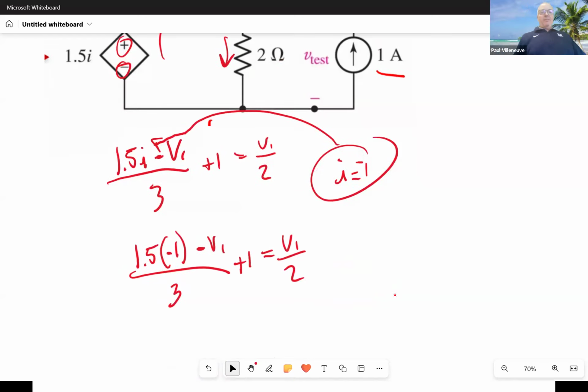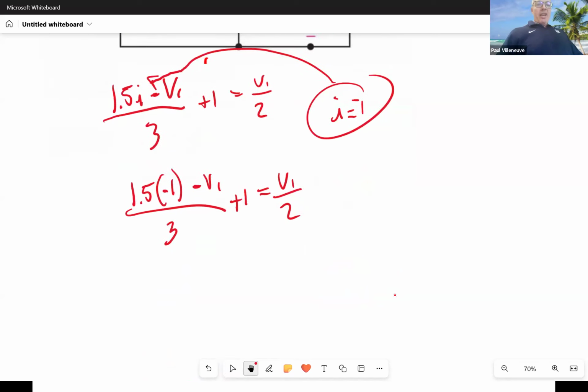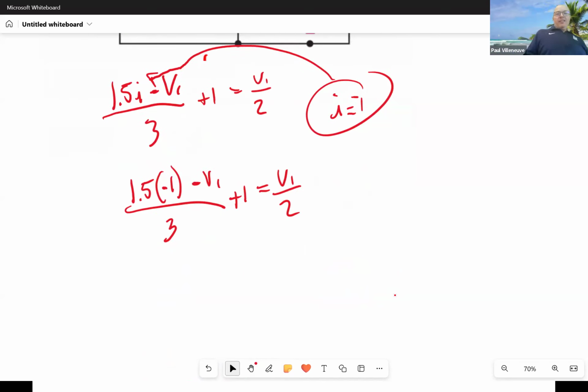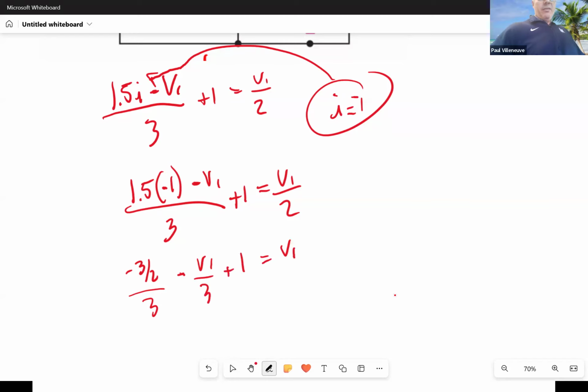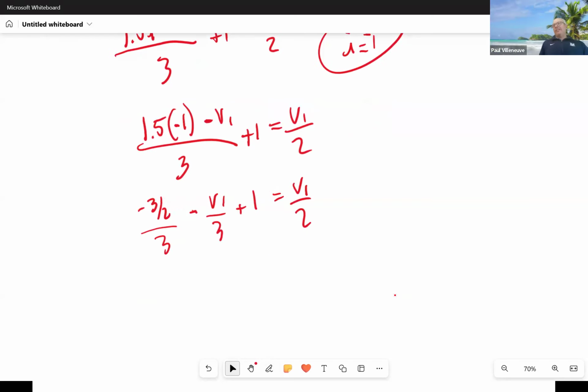Okay, let's continue. So we have 1.5 times -1. So we have -3/2 over 3 minus V1 over 3 plus 1 equals V1 over 2. So I just distributed the 3 and I did fractions because, you know, why use a calculator when you can do fractions, right?